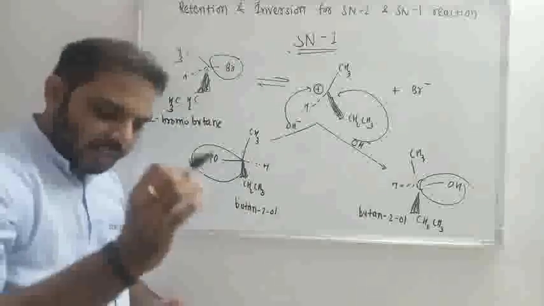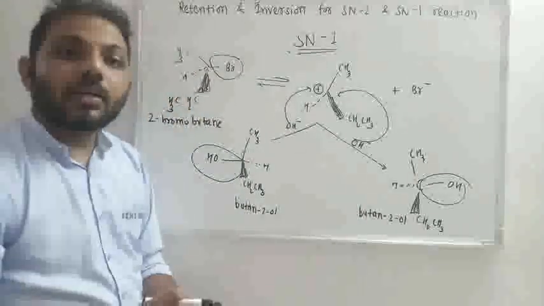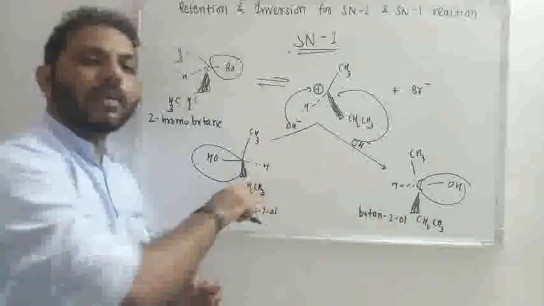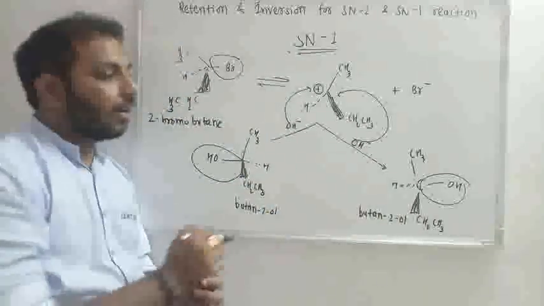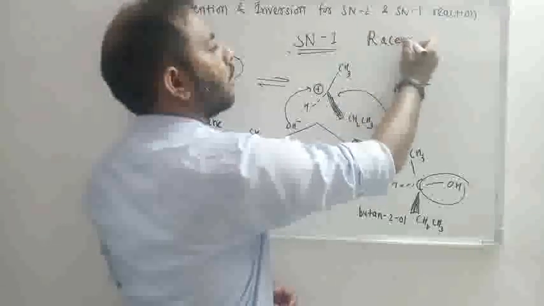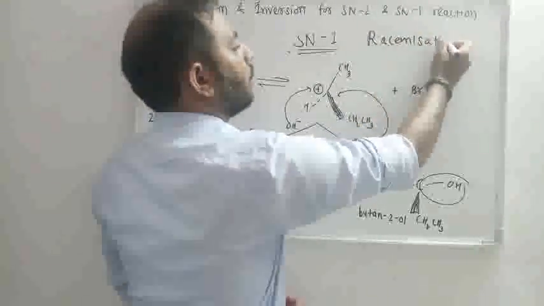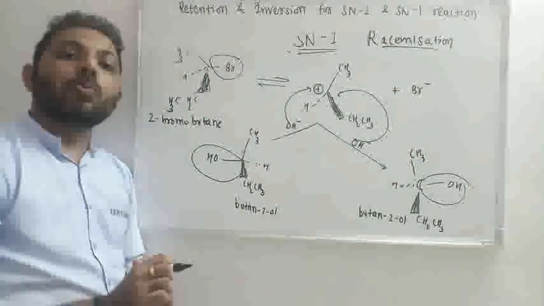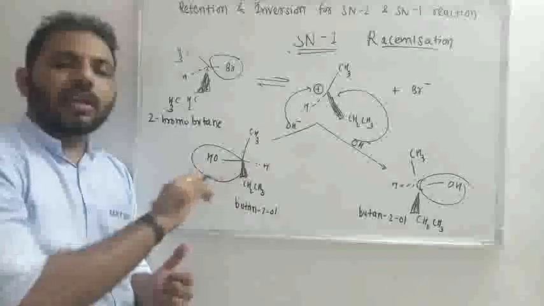Now we have already seen that if we get two products, a mixture of retention and inversion, then we say that racemization has taken place. So racemization is a mixture of two products, retention and inversion.